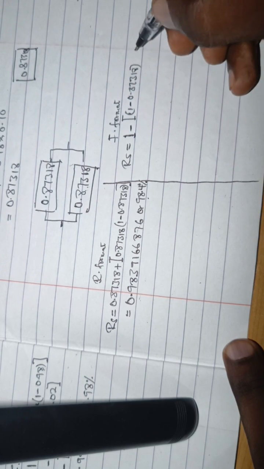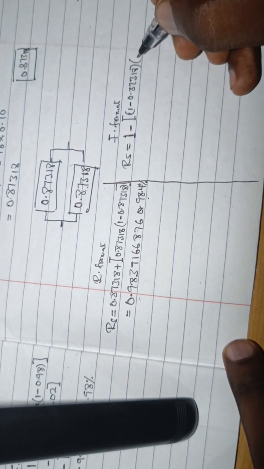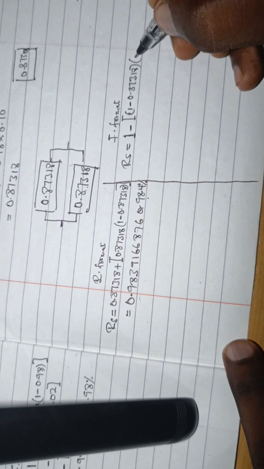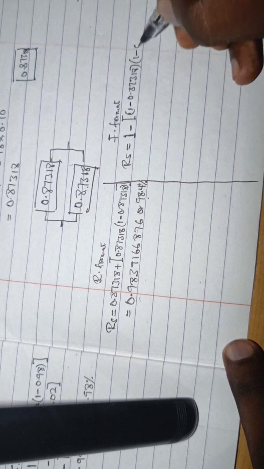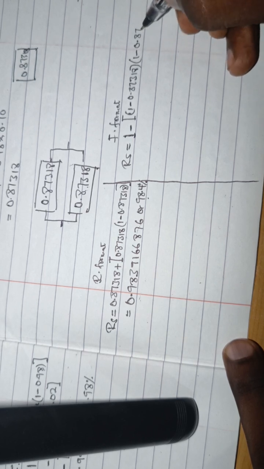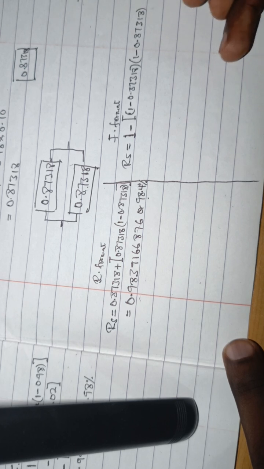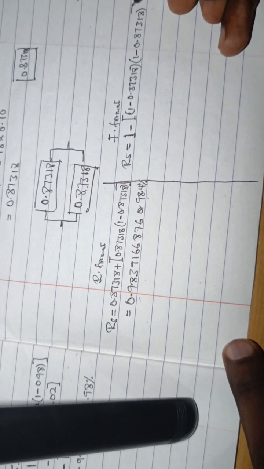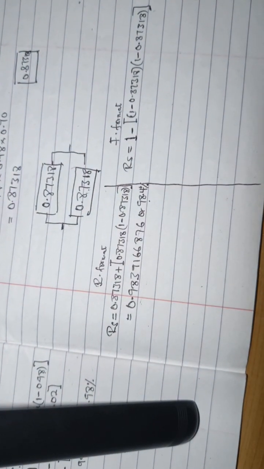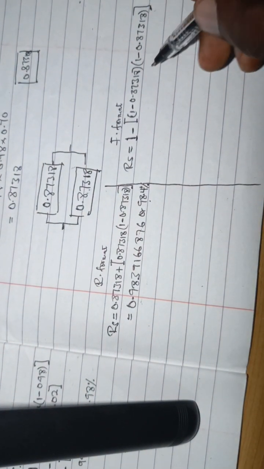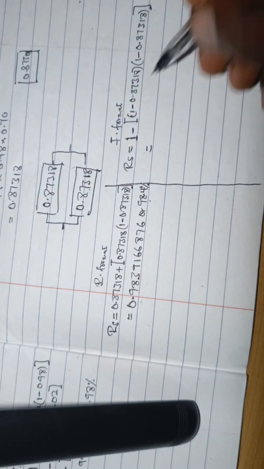Okay, you close bracket, you open another bracket because they are multiplying. Okay, 1 minus 0.87318, bracket close, big bracket. You get it?